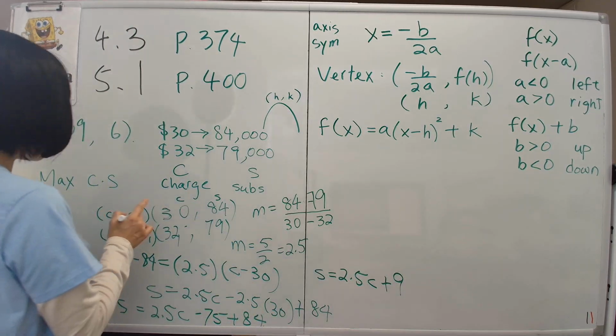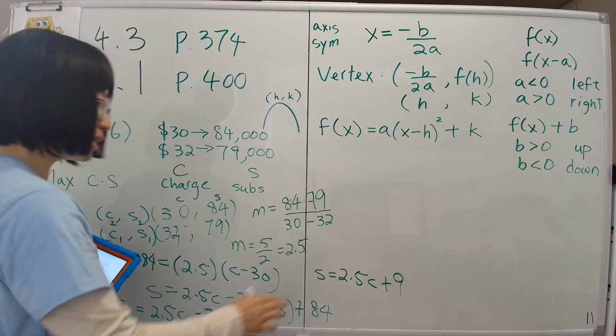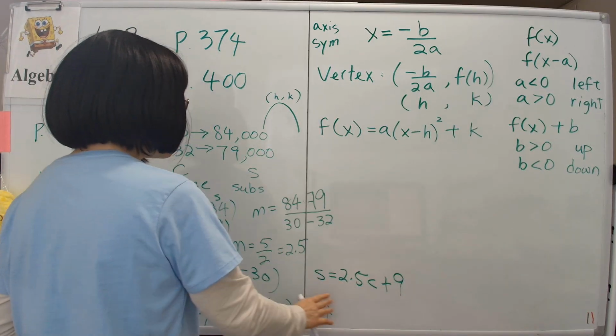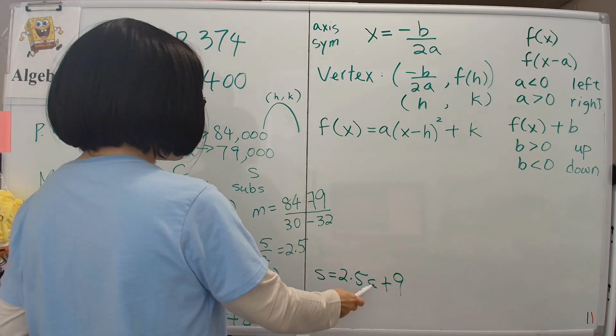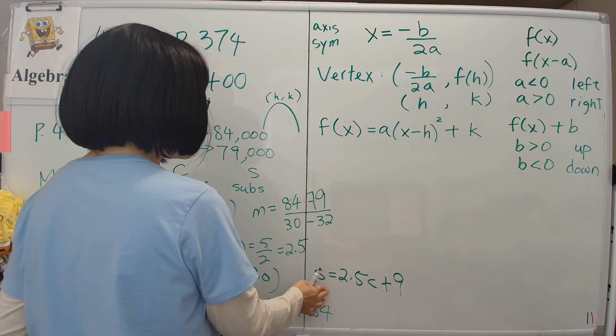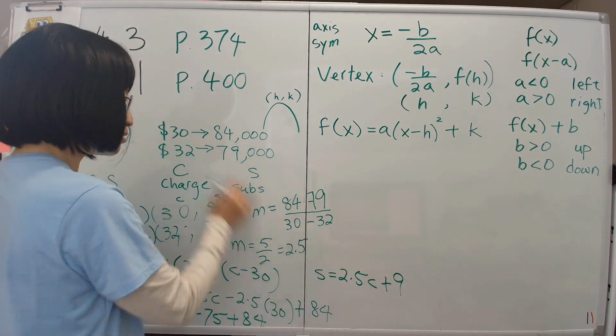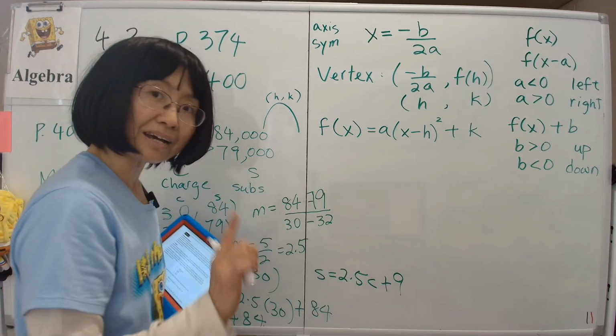So here's my equation, and now that we know the relationship between the charge and the subscribers, for however much you charge, the number of subscribers will be 2.5 times the charge, say 30, plus 9, in the thousands.